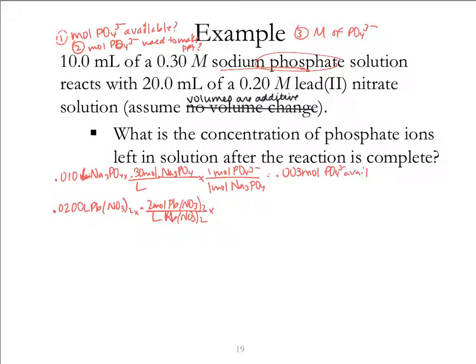And then using the balanced equation, which was on the prior slide, when we make the precipitate of the lead(II) phosphate, again, these are the coefficients from the balanced equation, 3 moles of the lead(II) nitrate are used.